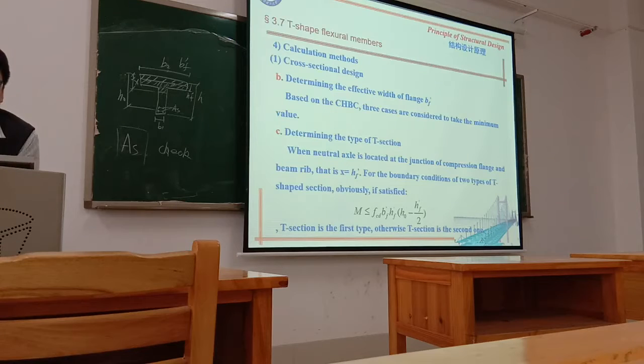So you don't write this, you just write after the equation. As the equation you write FCD BF HF smaller than FSD AS, this belongs to type 1 or type 2.